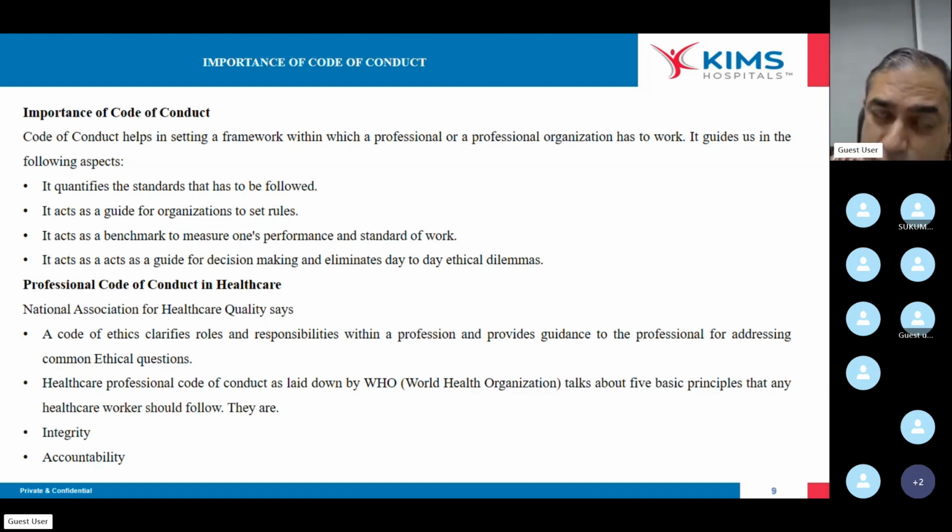Patients or attendants also have a responsibility to pay the hospital dues for the continuing treatment. So when we have a code of conduct which is governed by the country or by the local state, then the organization can set rules to follow.